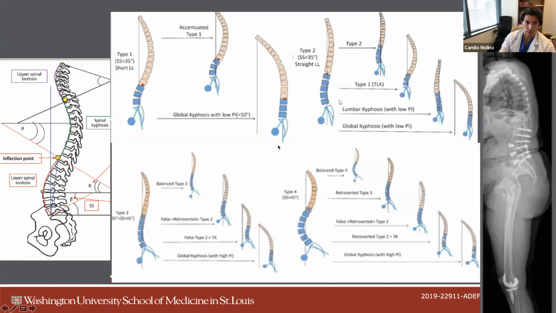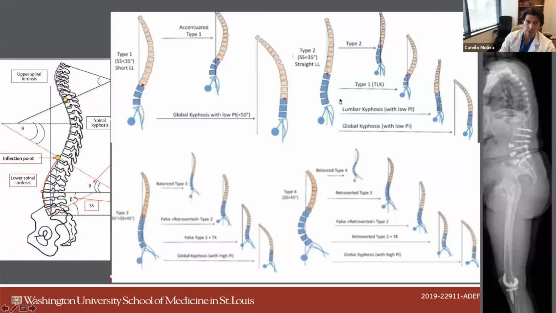Then there's a type 2 Roussouly curve, where it's once again a very low sacral slope or low PI, but the transition point occurs at a more natural place, between the conventional thoracic to lumbar anatomical transition at the T12-L1 disc space. So what that means is that since it's a low PI or a low sacral slope, lordosis is distributed along more vertebrae, and so you have a much flatter lumbar spine, and subsequently a much flatter thoracic spine.